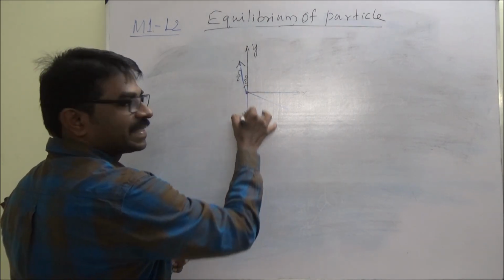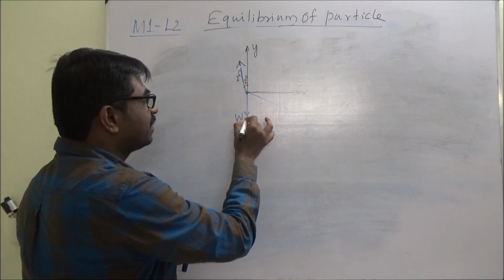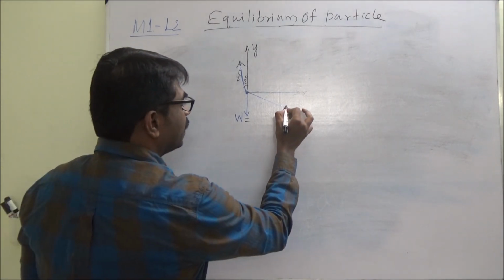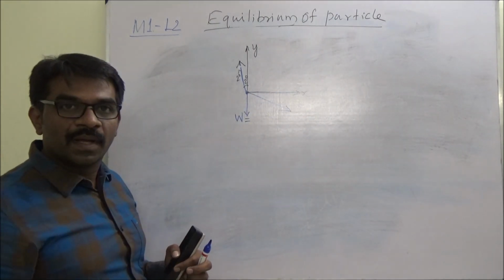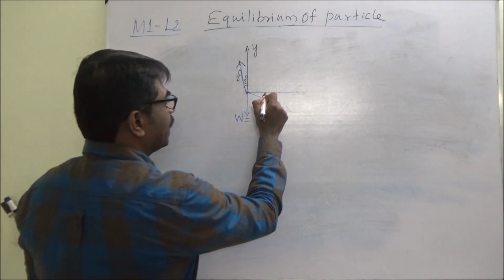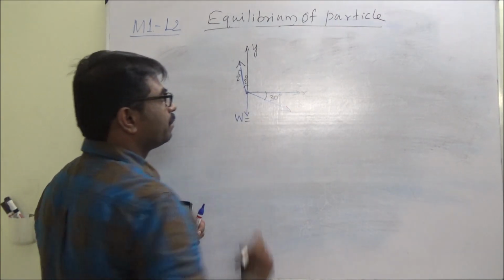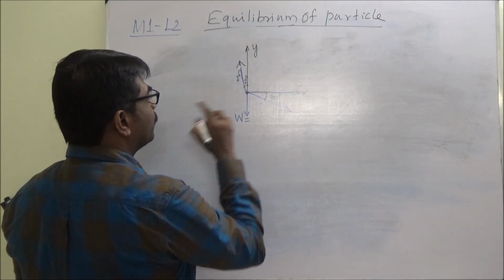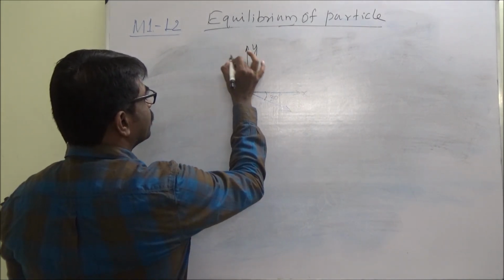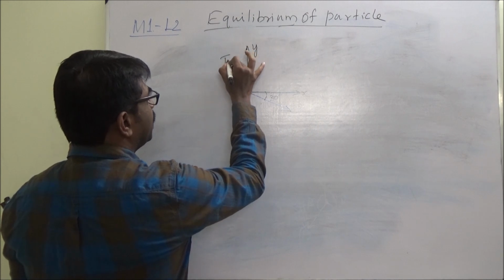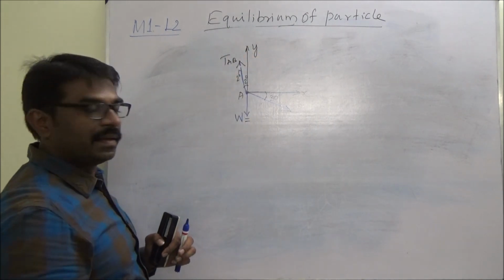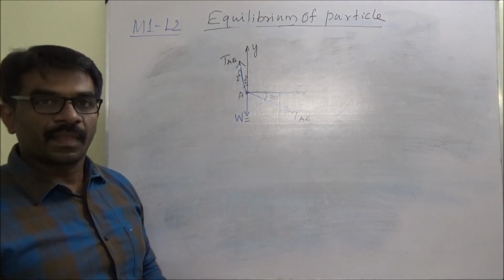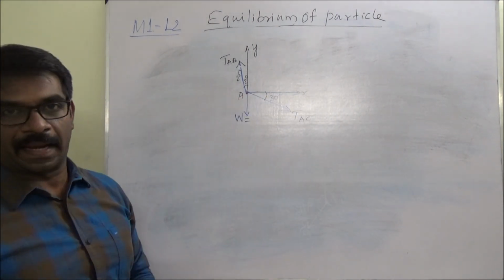The car is hanging here, with its weight W given, and this is also a rope, a man pulling the rope, and the angle is 30 degree. So this is B, I call it TAB and TAC. This is the free body diagram.